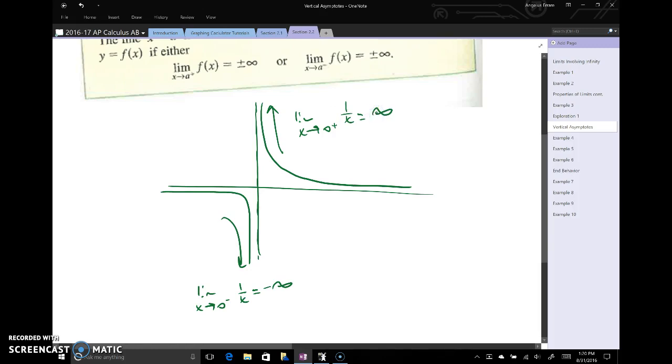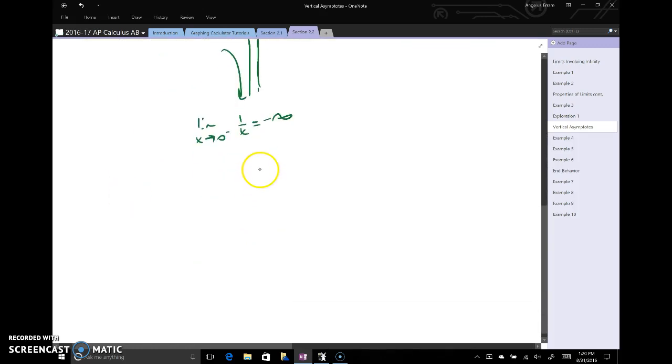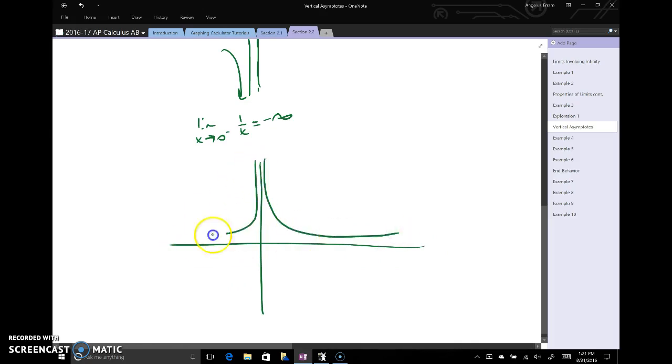But we could have another function. Let's say 1 over x squared, which looks like this, has a vertical asymptote at 0 again, but now both limits, the limit as x approaches 0 from the right of 1 over x squared is equal to infinity, and the limit as x approaches 0 from the left of 1 over x squared is also equal to infinity.